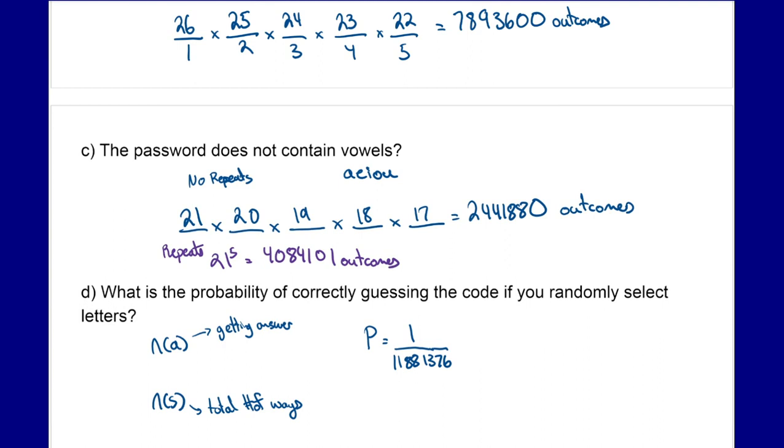If we determine the probability as a decimal and turn it into a percent, we have 8.42 times 10 to the negative 6 percent chance of this occurring, or 0.00000842%. You can see that's a very, very low percent chance of correctly guessing the code.